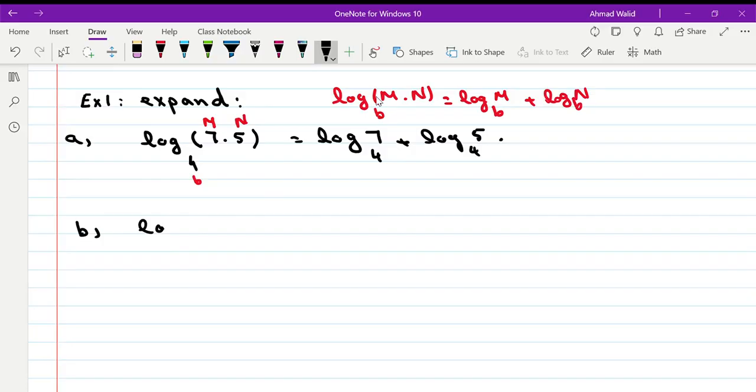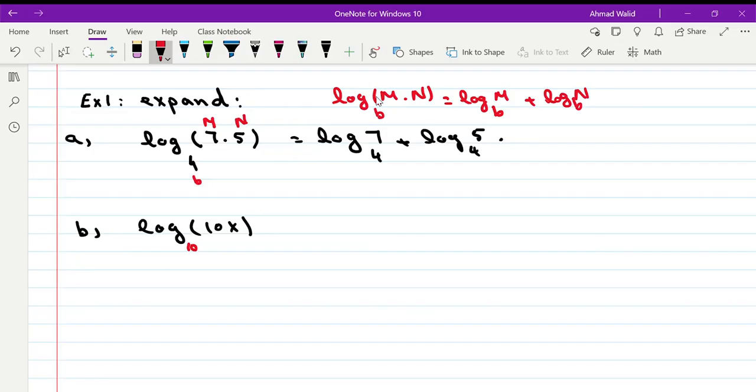Log of 10x. The other day when I talked about the types of logarithm, I told you that we have the common log, where the base is 10, and the natural log, where the base is e. If you don't see a base in a logarithmic expression, immediately you should know that your base is what?